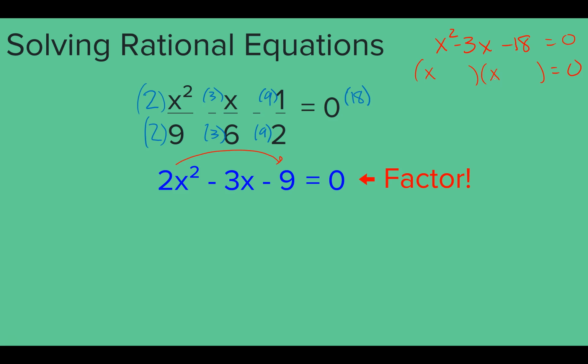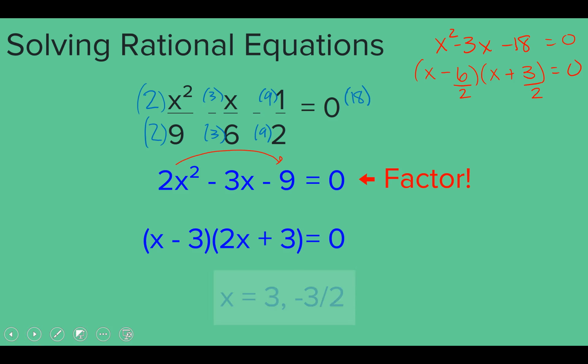Some kind of a 6, some kind of a 3? Negative 6, positive 3. Slide that 2 back out. We end up with x minus 3, and then 2x plus 3.